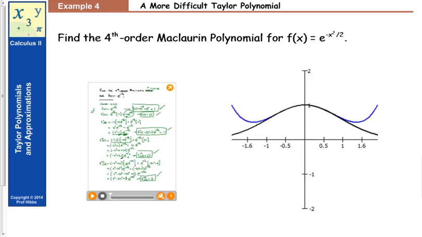Another one that I want to do is find the fourth order Maclaurin polynomial for this function, f of x equal e to the negative x squared over 2. Remember that we're talking about a fourth order Taylor polynomial where the center is 0. And here, of course, we see the polynomial is in blue and the function f is in black.